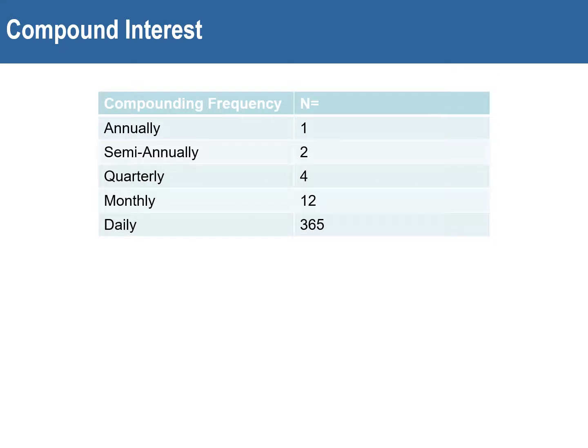Now, remember, when we compound annually, that means n is going to equal 1, semi-annually is 2, quarterly is 4, monthly is 12, and daily, we're usually just going to use 365.